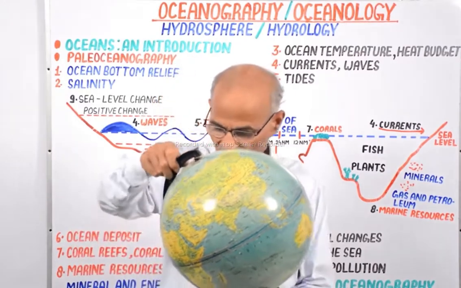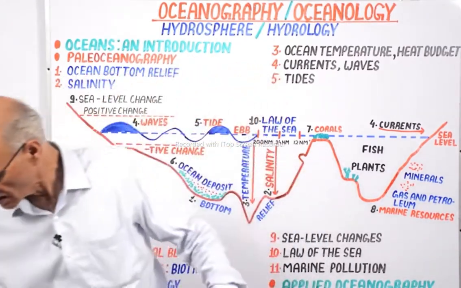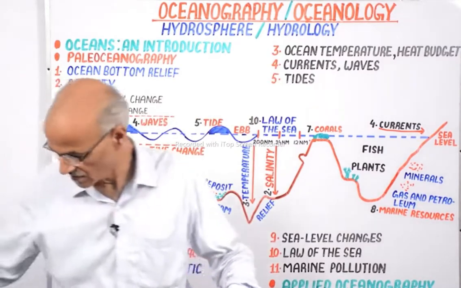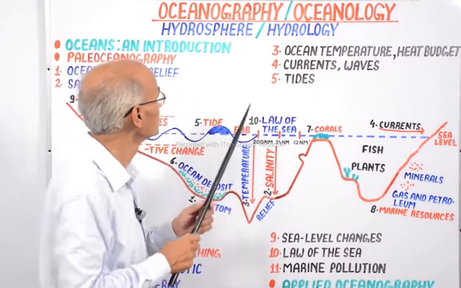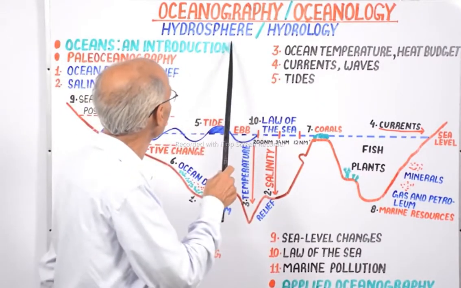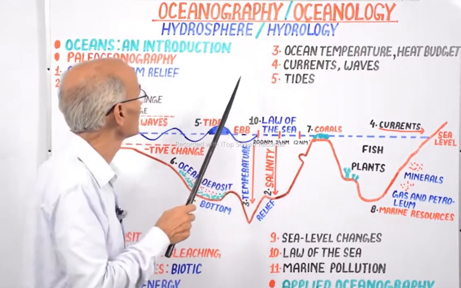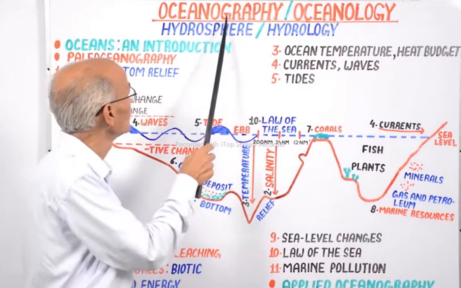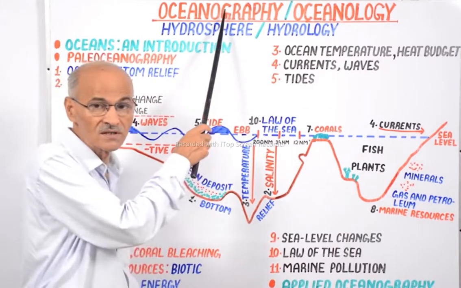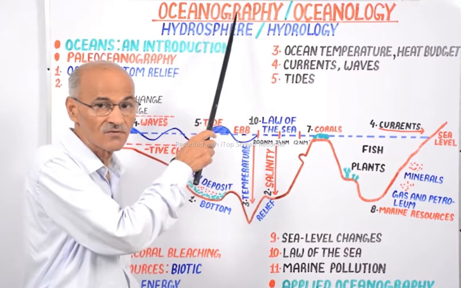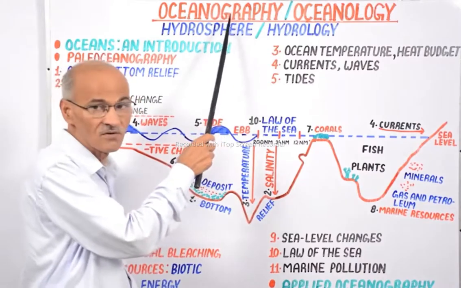That's why hydrosphere is the scientific study of water in all states everywhere on the earth, while oceanography is a part of hydrosphere, wherein we concentrate on the study of ocean basin water.